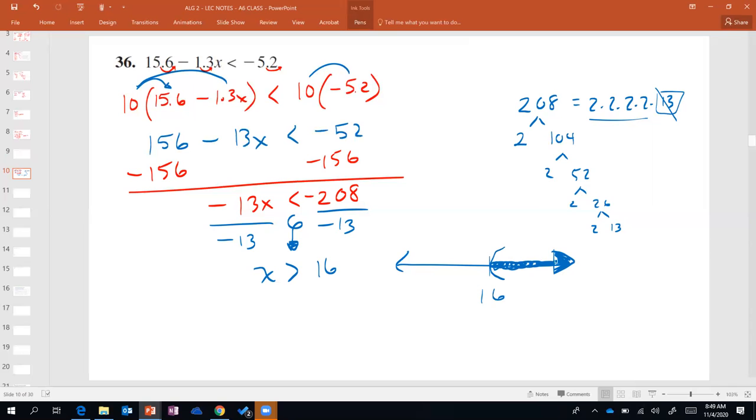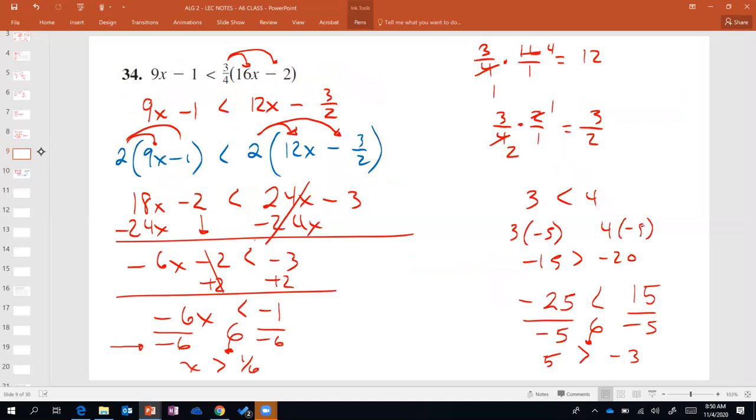All right, can you guys go back to 34 real quick and graph 34? All right, 34. I have it underneath here. Tell me if you guys agree. 1/6 is going to be between 0 and 1.